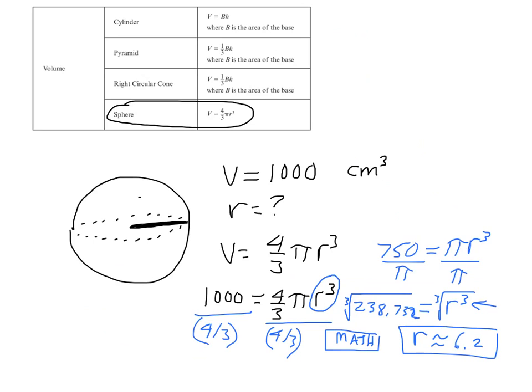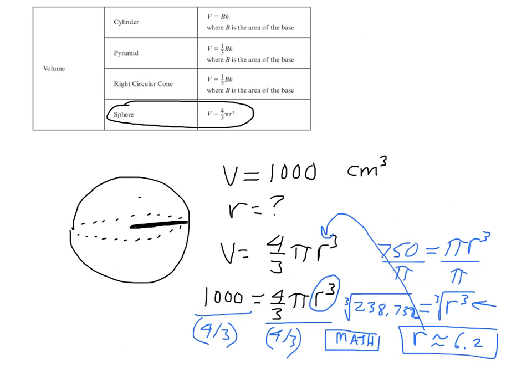You don't have to leave it as a mystery of whether or not you got the question right or wrong. If you wanted to take that r and pop it back into the equation, you would see that you get pretty close to 1,000 when you plug in 6.2. The only reason why it would not be exactly the same is because of the rounding.